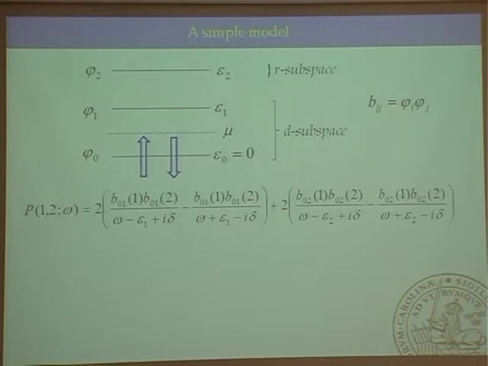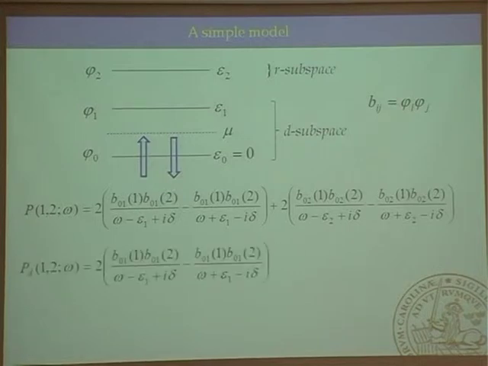So there are only two possible excitations, and we have B01 here, and B02. I just use the formula for the P0, the P, for this particular problem. And there's a factor of 2 that comes from the spin. So I have two spins, up and down, and each can be excited in the same way.